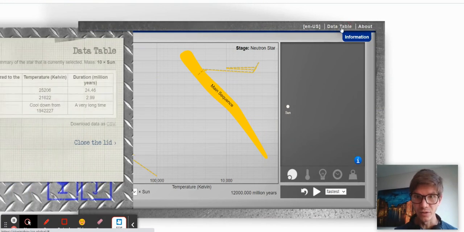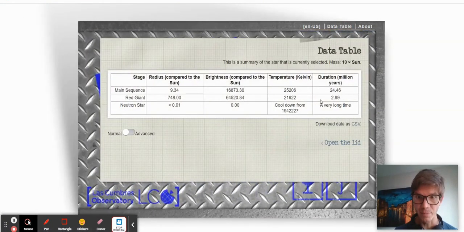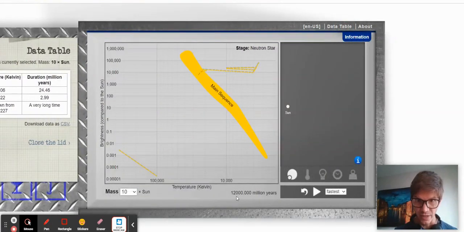But then if you look at the data table, after the supernova happened, red giant would have happened really quickly, and then it would have taken a really long time for the neutron star to ever end its life, which is why the data here will read 12,000 million years.